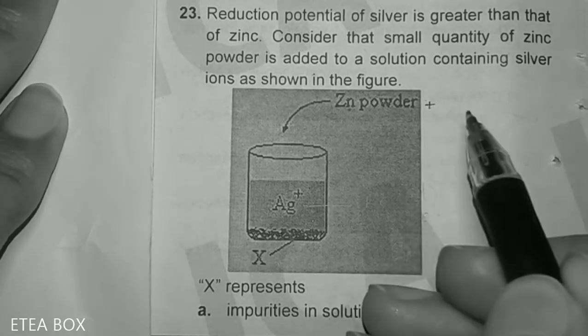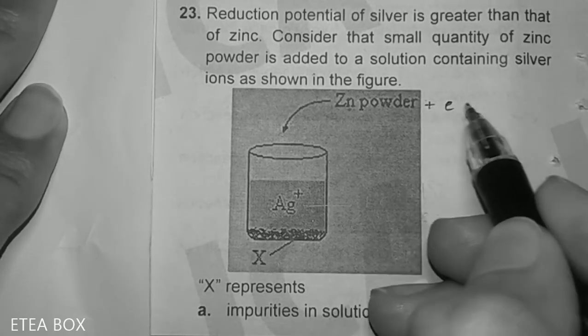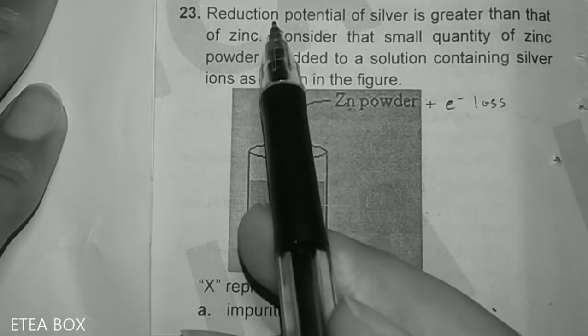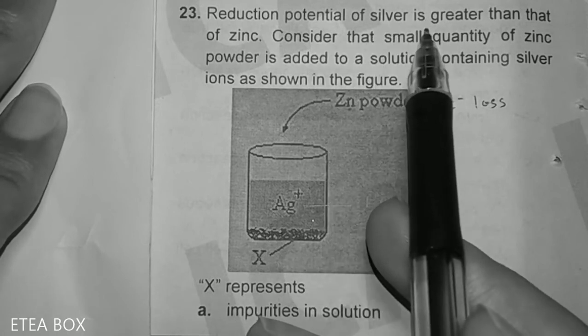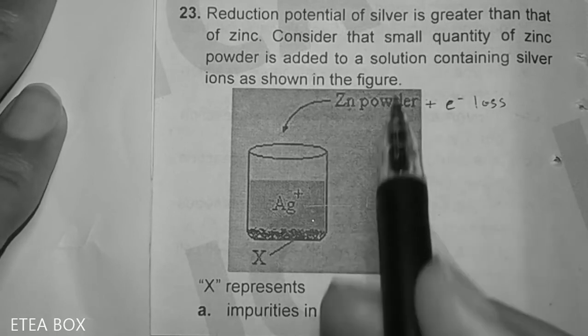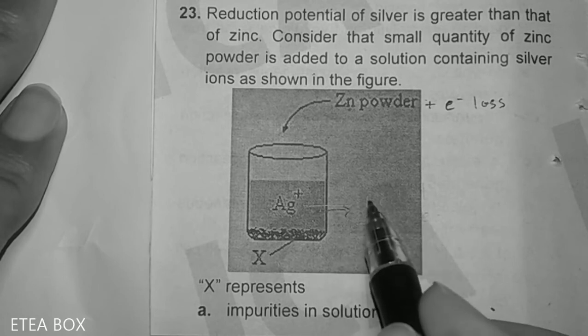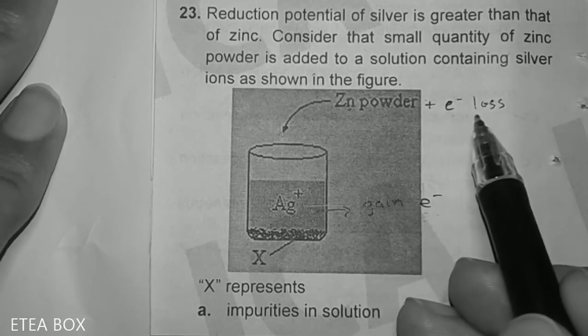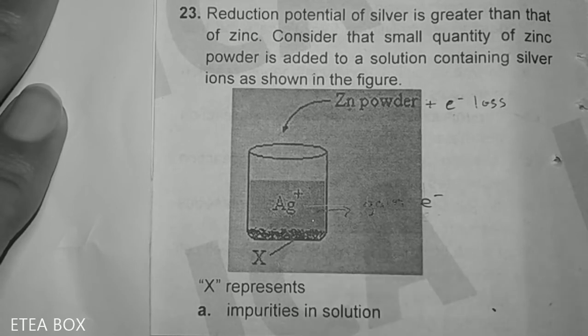Here zinc will lose electron, oxidation will occur here, and we know that the reduction potential of silver is greater, it means that this silver will gain electron, okay.